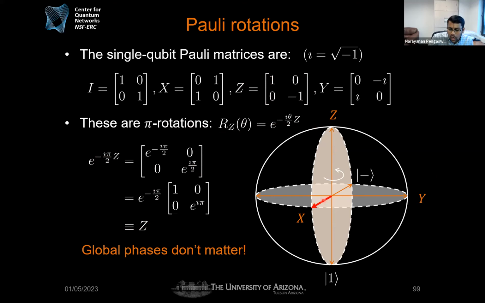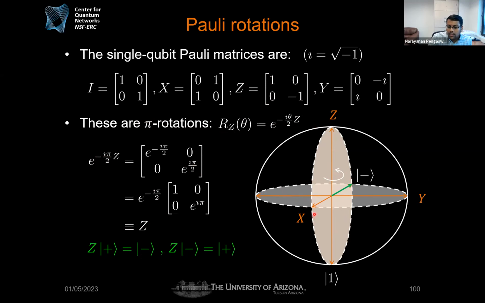For example, if you take the plus state and rotate by pi about the Z axis, you get minus. Similarly, if you take minus and rotate again by pi, you get back to plus. So the Pauli Z rotation is a pi rotation about the Z axis.